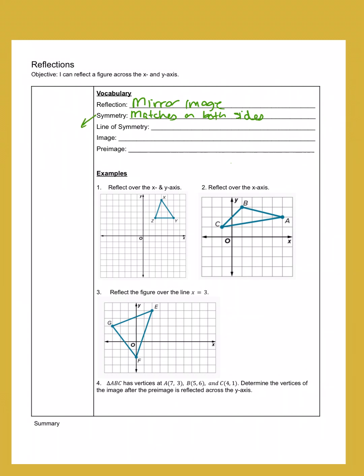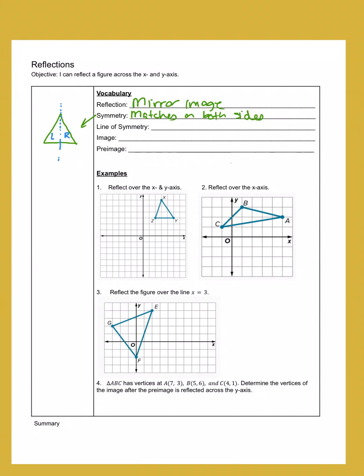If we have a triangle like this, this triangle has one line of symmetry. It'll be right down the middle. If I cut this triangle right down the middle here, this left half is a mirror image. It matches the right half. So if I were to fold that triangle over that line, they would line up. So that's a line of symmetry.